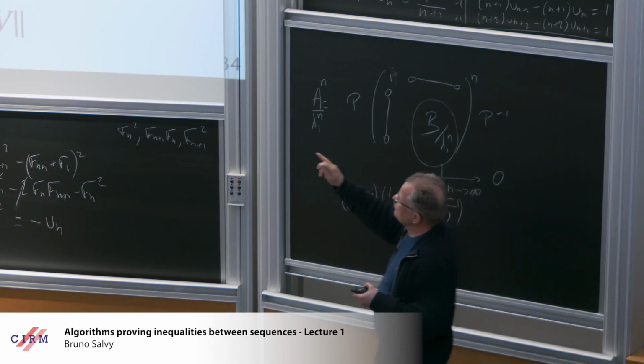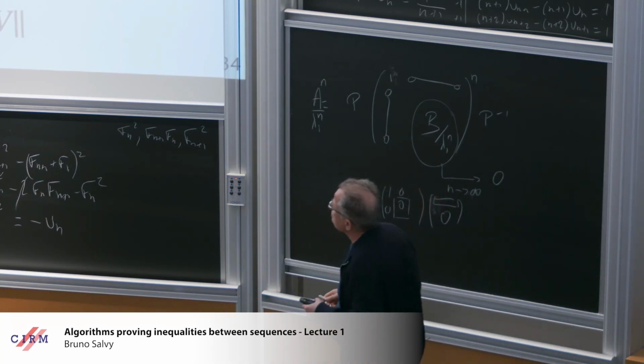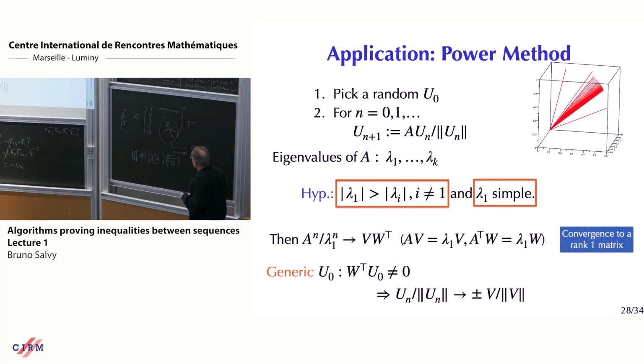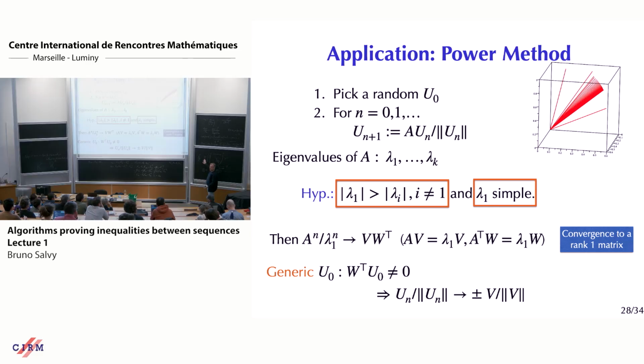Now what about V and W? If I take U0 here, I'm claiming that this will be transpose of W. Maybe clearer: here, the first column of P is the dominant eigenvector.